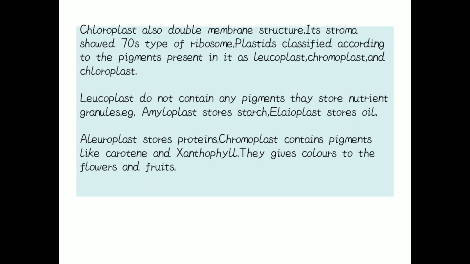Plastids are classified according to the pigments present in them, that is leucoplast, chromoplast and chloroplast. Leucoplasts do not contain any pigments, but their role is to store nutrients, like amyloplast stores starch, elaioplast stores oils, etc. Then aleuroplast stores protein.